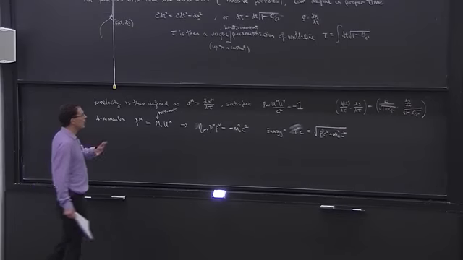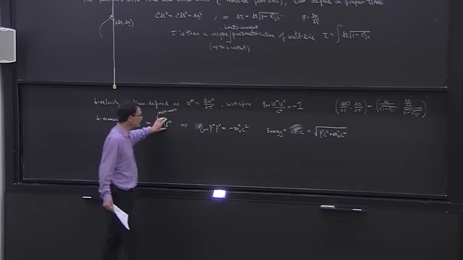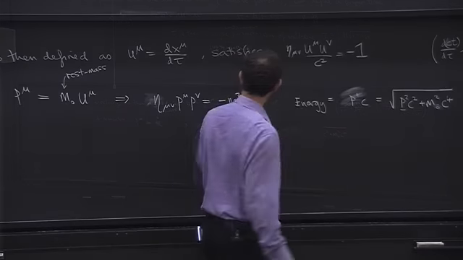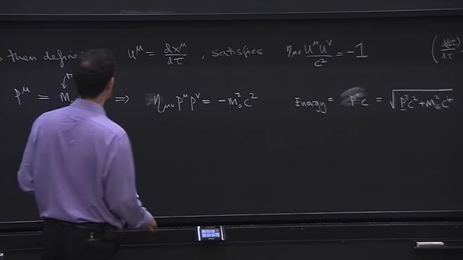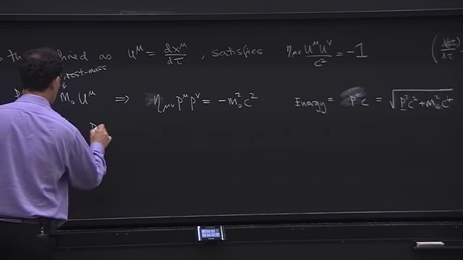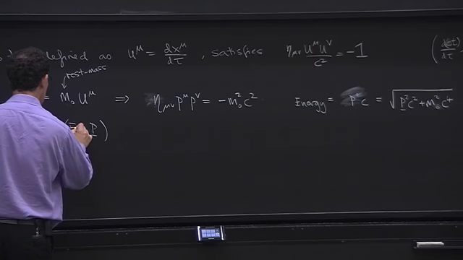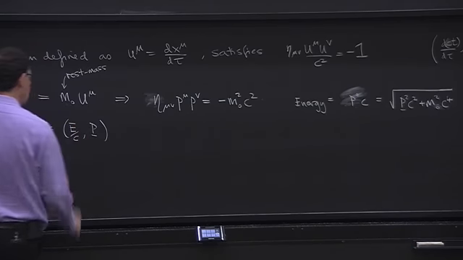Okay, so when we combine energy and momentum into a 4 vector, we have to introduce the mass. The spatial parts of the 4 vector are the momentum. The time component is naturally the energy over c.